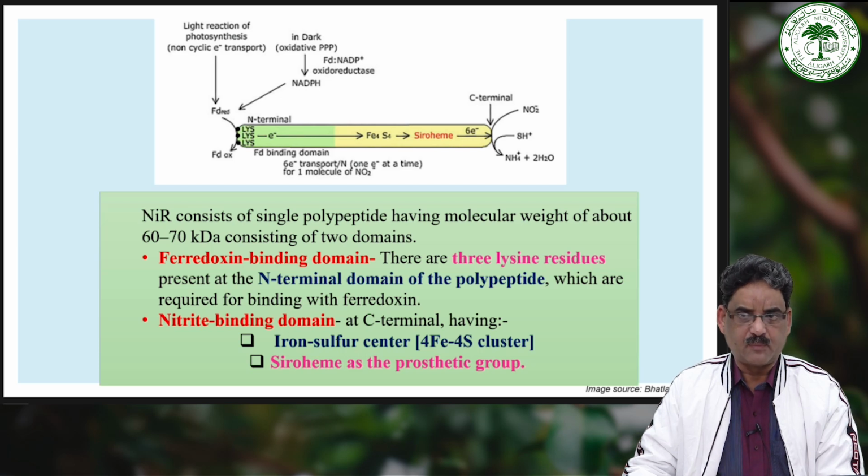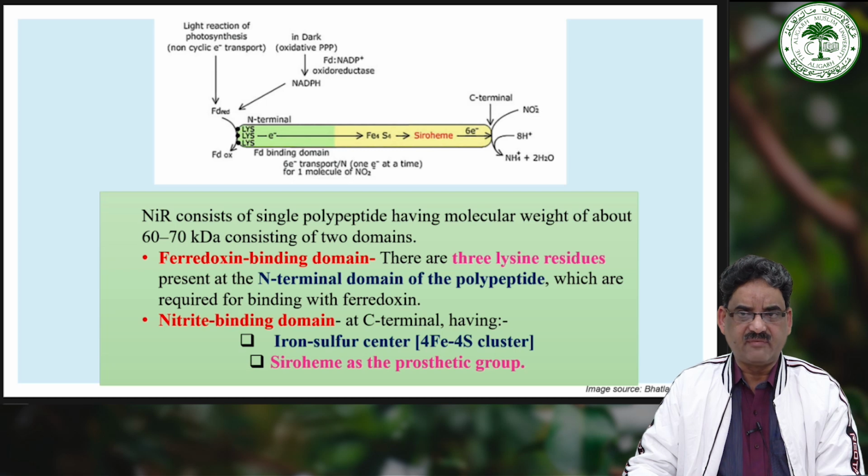Cytosolic NIR proteins contain a transit polypeptide sequence at their N-terminal region, which guides them to the plastid surface where they gain entry. Upon entry, this transit sequence is cleaved as the polypeptide traverses the plastid membranes.